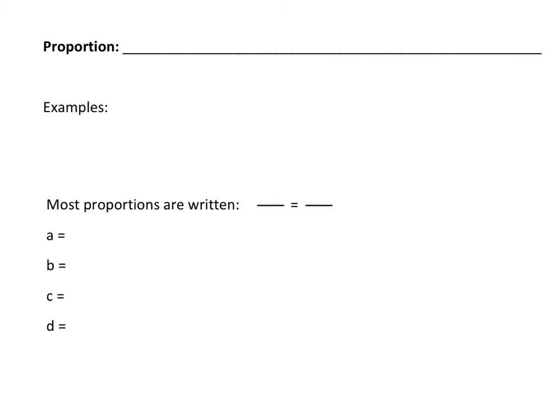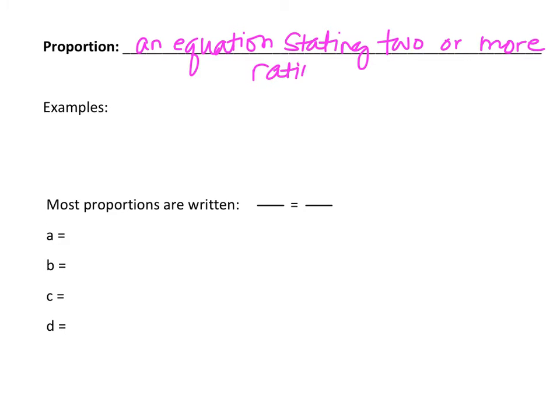All right, now that we know about ratios, let's talk about a proportion. A proportion is an equation, so it's going to have an equal sign in the middle, stating two or more ratios are equal. So some examples, let's say we have 1/2 is equal to 5/10.